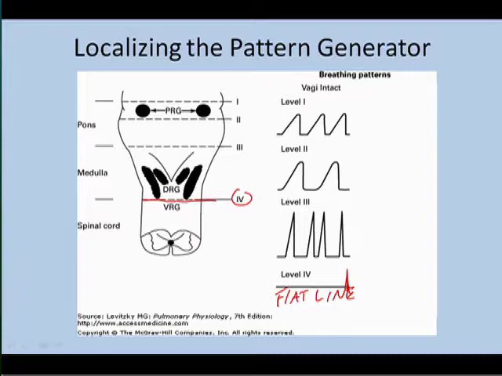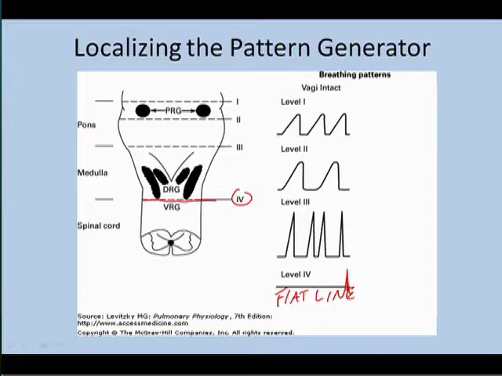So based on the series of slides above, it is therefore reasonable to conclude that the pattern generator is located in the medulla. Don't be confused by the name. The word pattern does suggest predictability, but I've just pointed out that if you transect the brainstem at level 3, breathing becomes erratic.